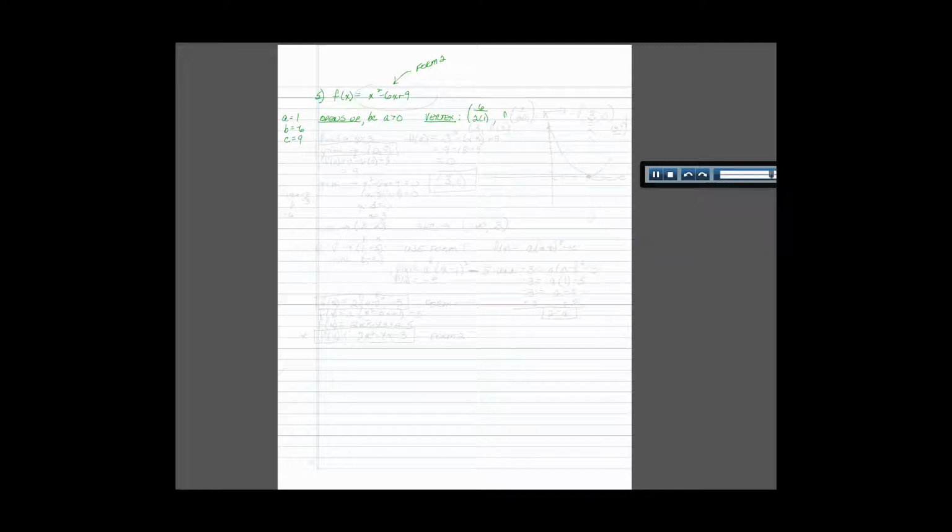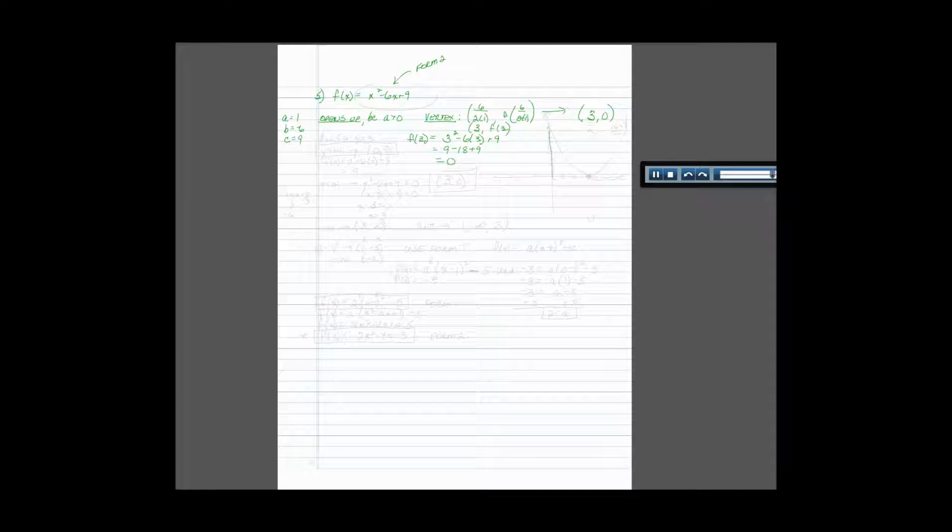So that's 6 over 2a, or 6 divided by 2 is 3, and f of 3, so let's find f of 3. F of 3 is equal to 3 squared minus 6 times 3 plus 9, or 9 minus 18 plus 9, which is 0. So the vertex is the point 3, 0.